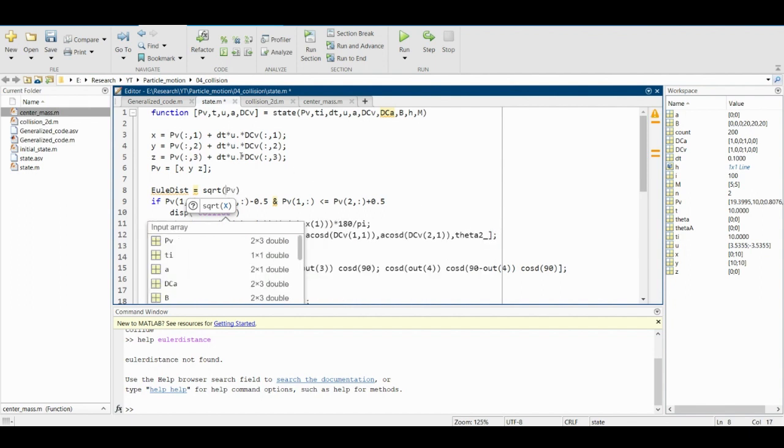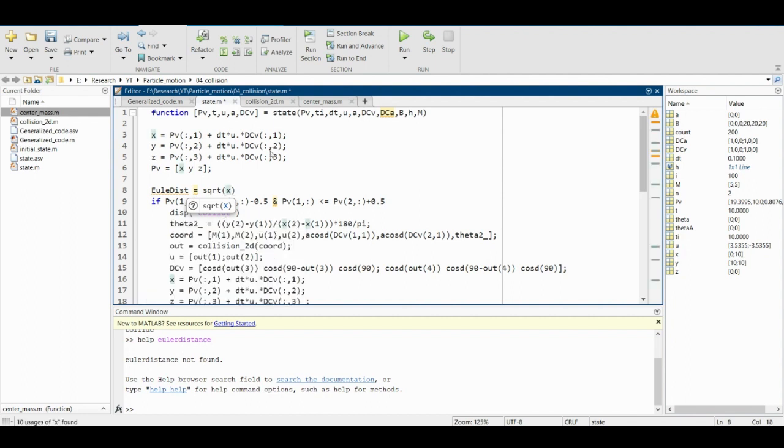There are two particles. Here you subtract x2 minus x1, y2 minus y1, z2 minus z1, square them, and add those three up. So I'm going to go for x, first comma, column last one. Why am I going for the last one?